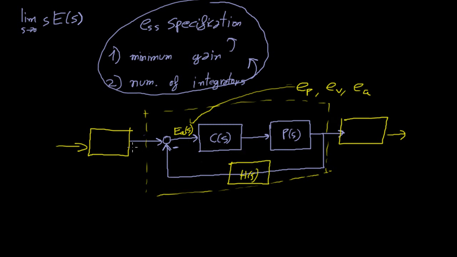But if we are interested in the actual error between the overall reference and the overall output, well, in general, the table is not giving us the information we want. So in my opinion, if you don't try to remember the formulas of the table, but you deduce them whenever you need them, you'll be less likely to be fooled by non-unity feedback or even more complex systems.